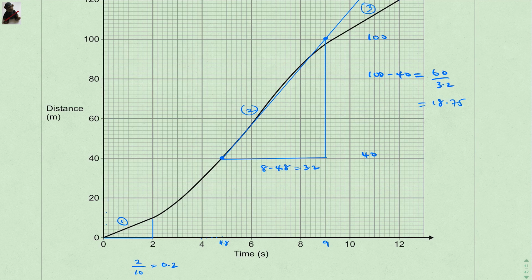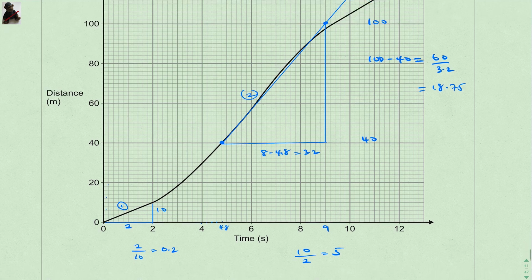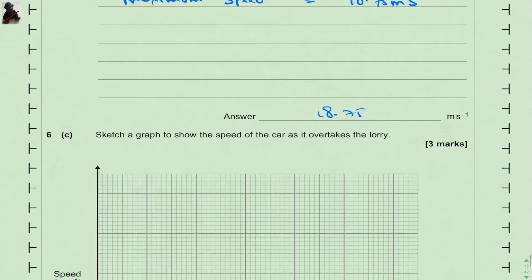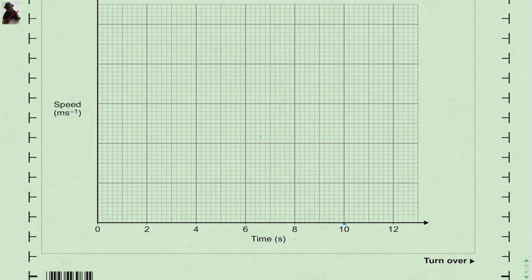And that gradient is 10. The height is 10 and the length here is 2. So the gradient there is going to be 10 over 2, which is 5. That means between 0 and 2, it's a constant speed of 5.